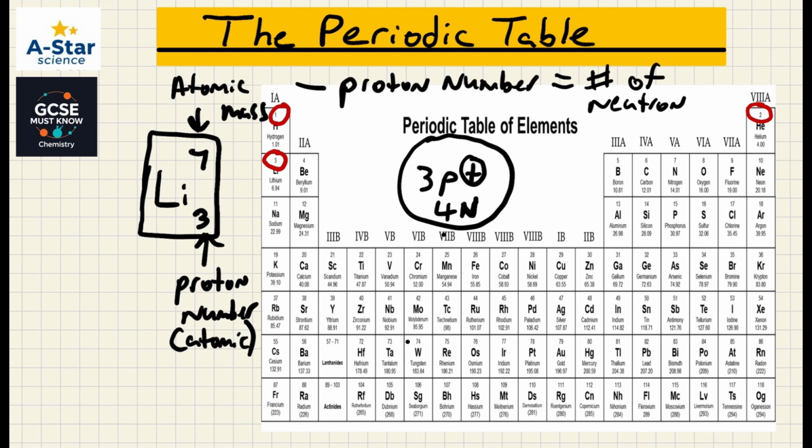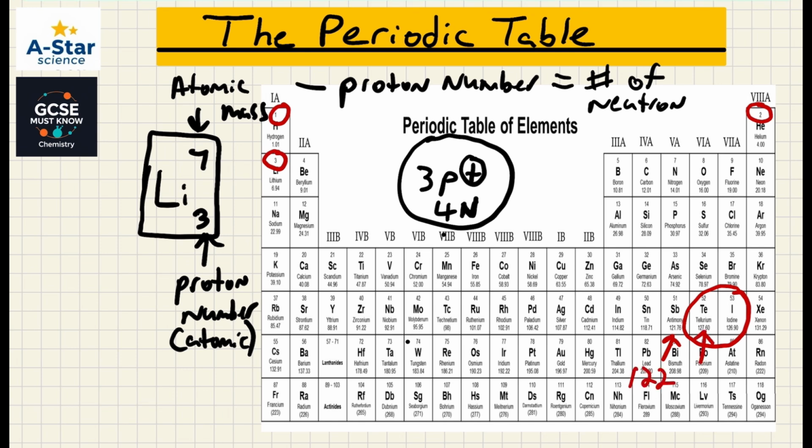We can see an example of this when we look at these 2 elements here. We start with antimony, it goes to tellurium, and then to iodine. We can see an interesting pattern there. Here, the atomic mass is 122.